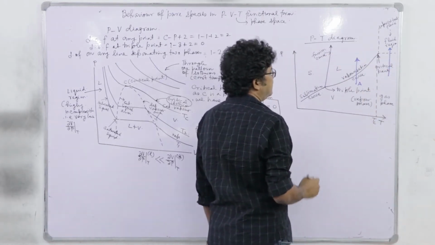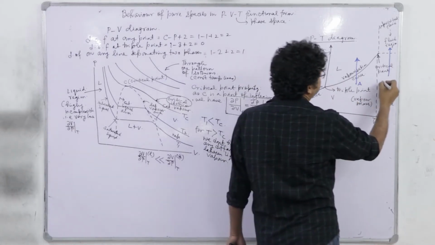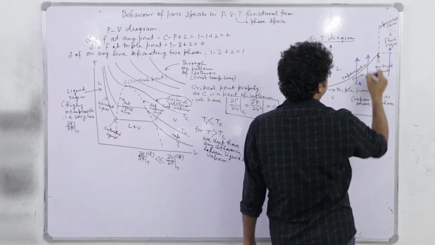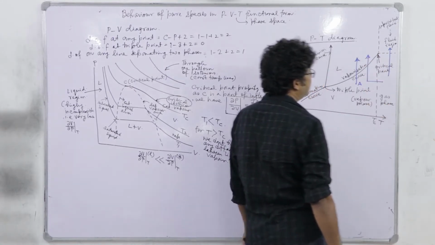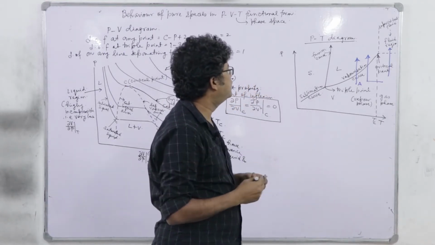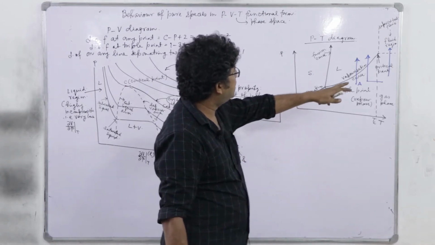Okay. So, how can the gas be liquefied? We have discussed it. First, the gas is to be cooled and then we have to pressurize it, or we can do it alternatively.